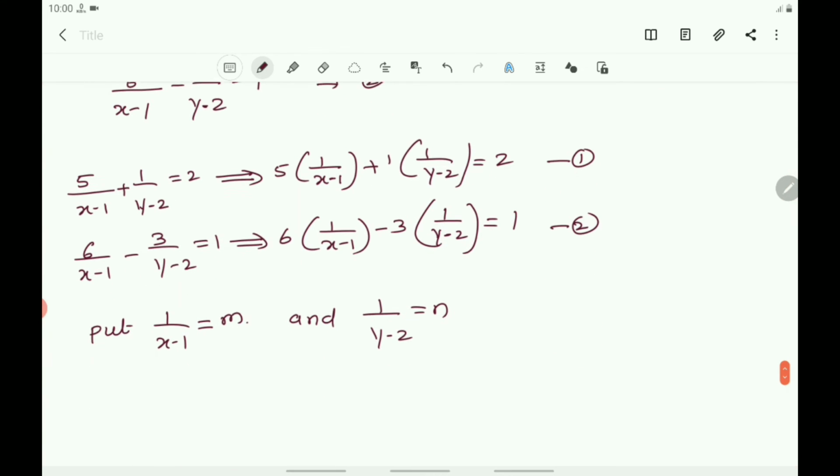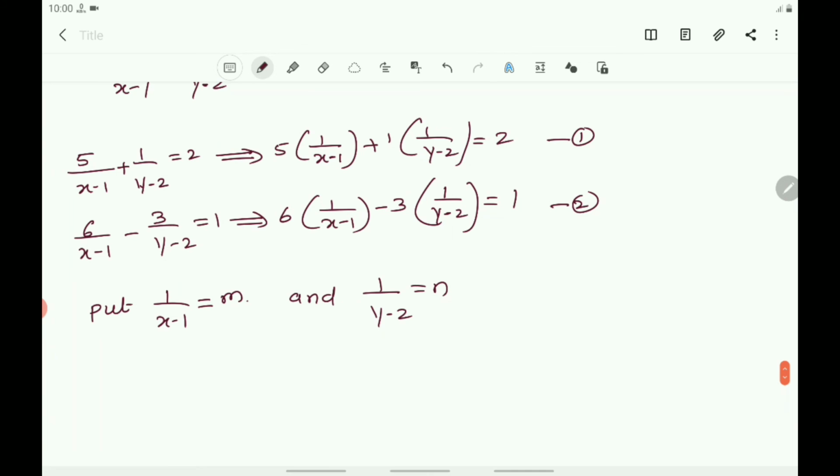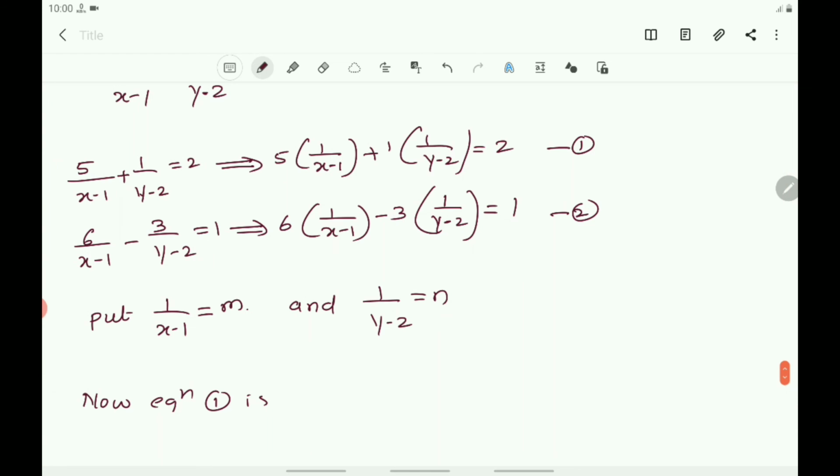Now the equation 1 becomes, what? 5 into 1 by x minus 1 means 5m, plus 1 into 1 by y minus 2 means 1n, equals 2.